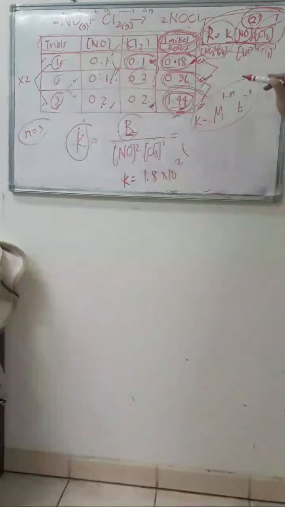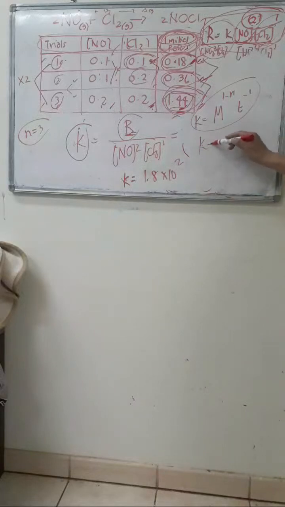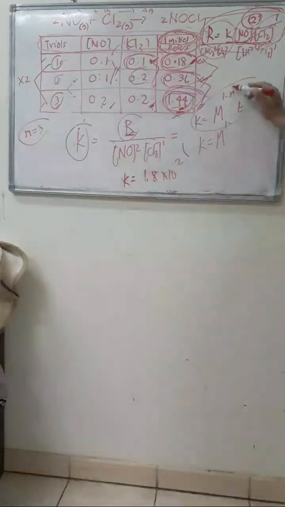Why do we use this? Because we have a third order, which is far from 0, 1, and 2. So substitute values: capital M to the 1 minus the overall reaction order, and this n is 3, right?